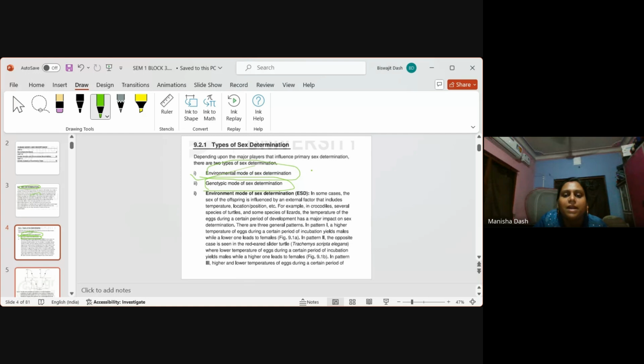Environmental factors like temperature, the location, etc. These will determine whether an individual will develop as a male or as a female. Now, in the genotypic mode, as the name suggests, the genetic makeup will determine whether the individual will develop into a male or a female.